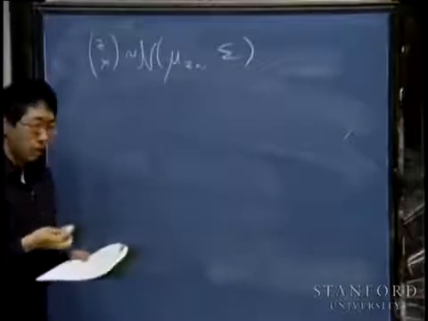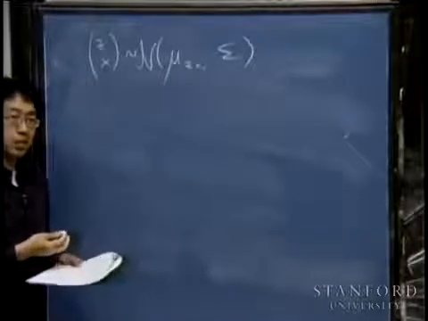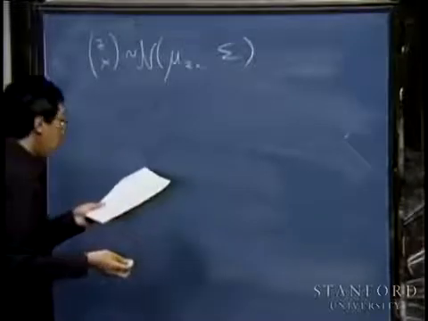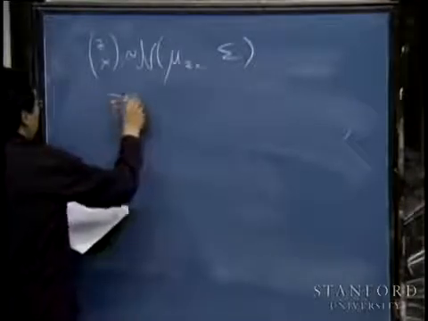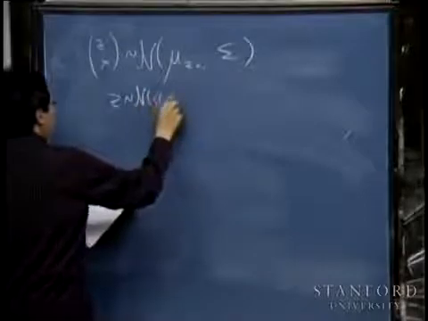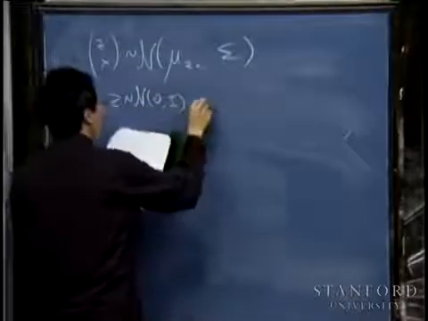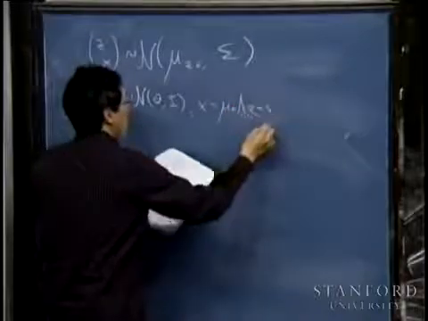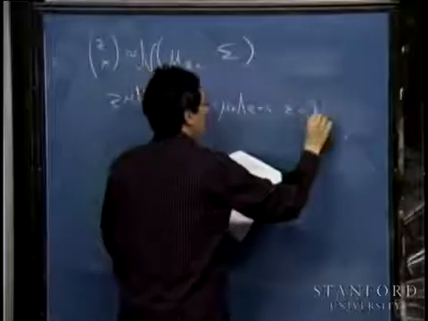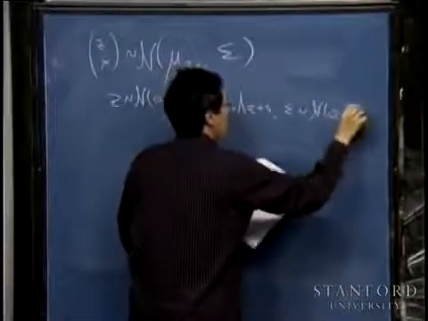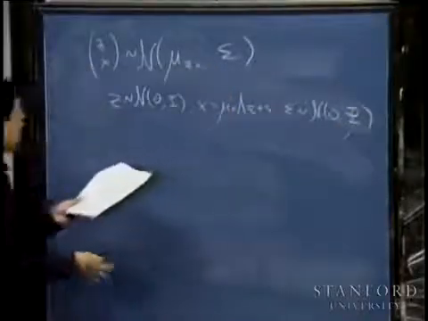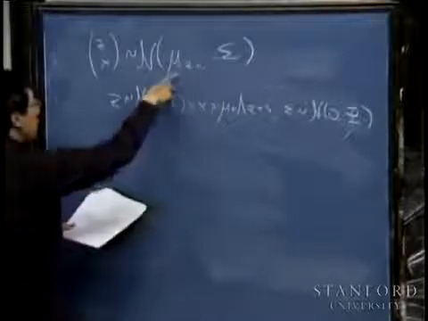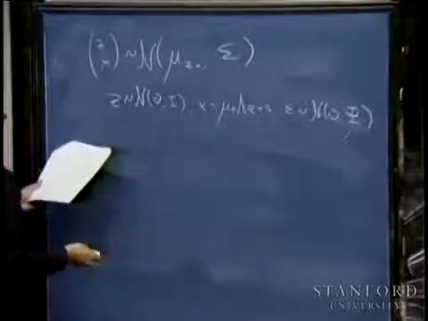I'll do this so we get a little more practice with partitioned vectors and partitioned matrices. Just to remind you, z is Gaussian with mean 0 and covariance identity, and x is mu plus lambda z plus epsilon, where epsilon is Gaussian with mean 0 and covariance psi. I'm just writing down the same equations again.